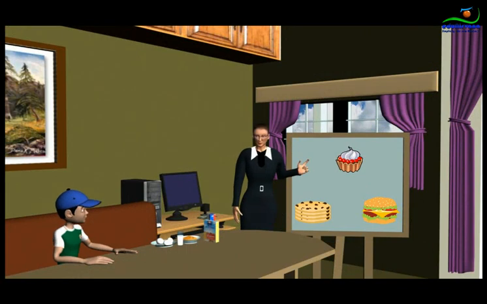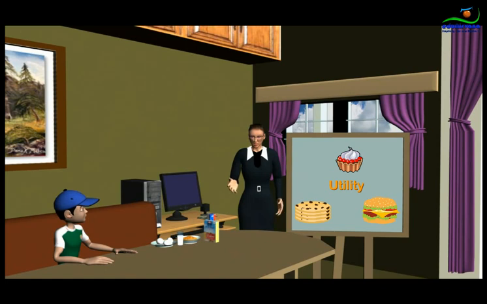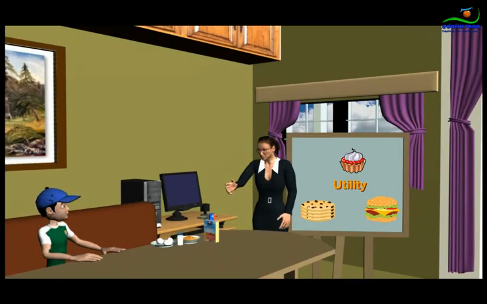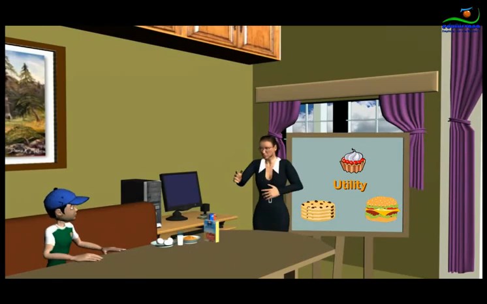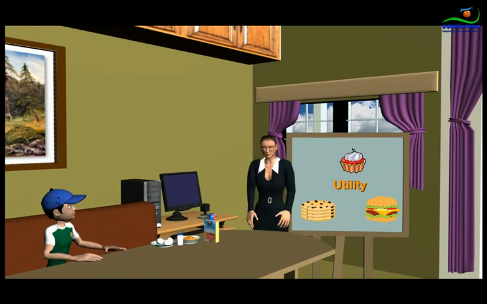Let's define a concept of utility that measures the amount of satisfaction you get by eating these things. Knowing you, I am sure you derive maximum satisfaction out of pastry as compared to burger or a cookie.